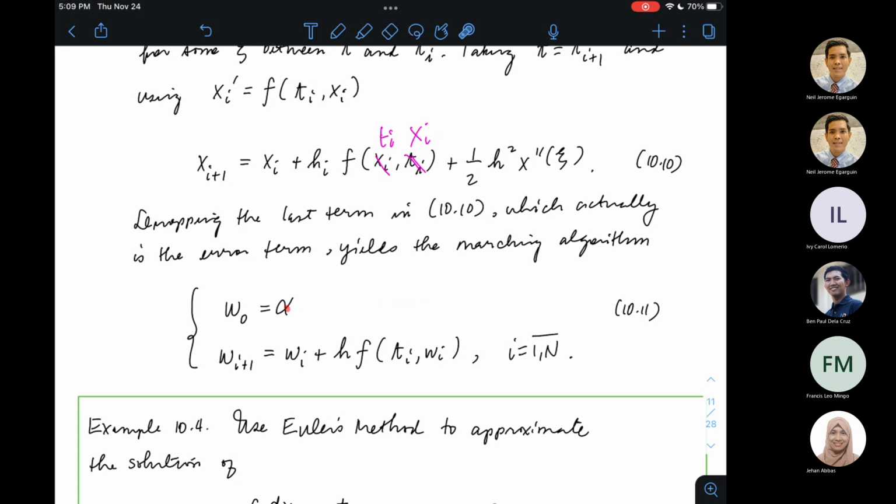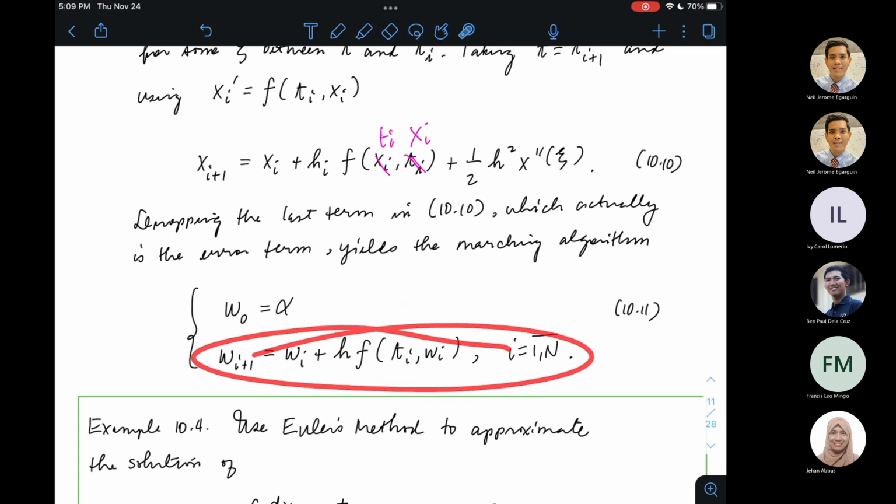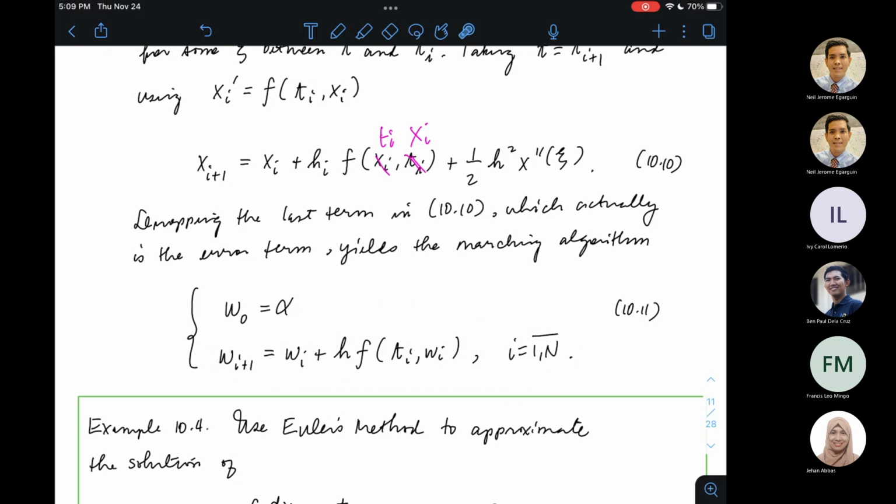So ginawa ko na lang tong w sub 0, but this is exactly x sub 0. Pero you feed whatever the previous value of w you have. So if you feed mo lang yung value ni w sub I into this formula, you're gonna get w sub I plus 1. At ito na yung tinatawag natin na Euler's method.